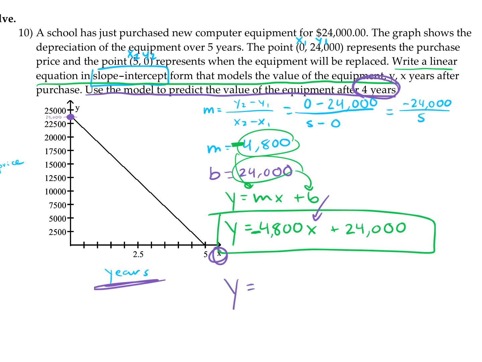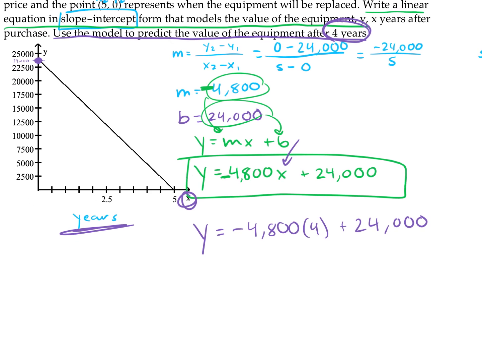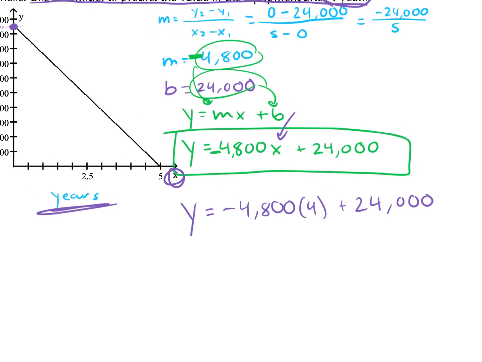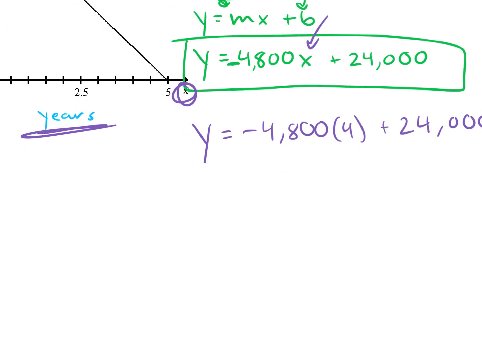So we have y is equal to negative 4,800 times 4 plus 24,000. These are kind of big numbers here, but we're going to multiply.